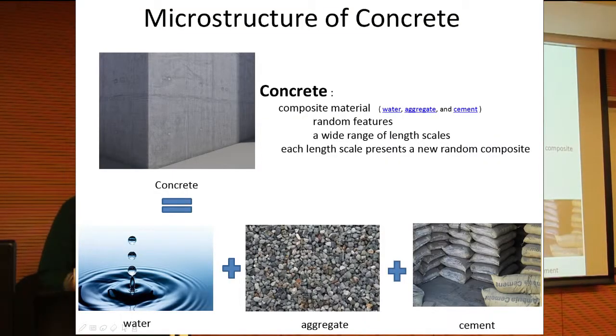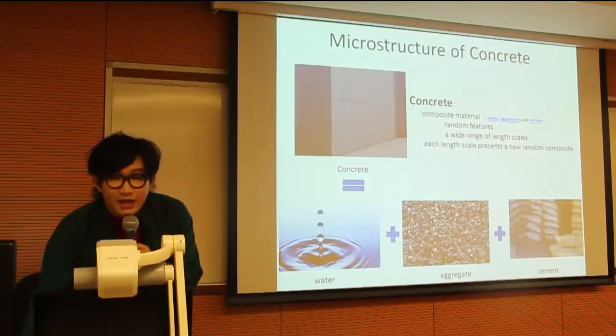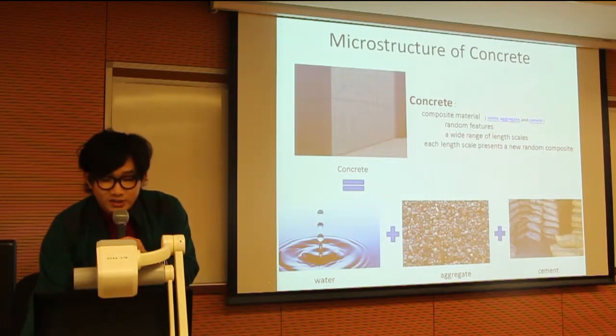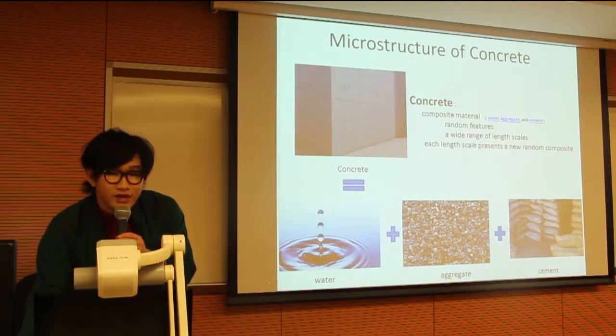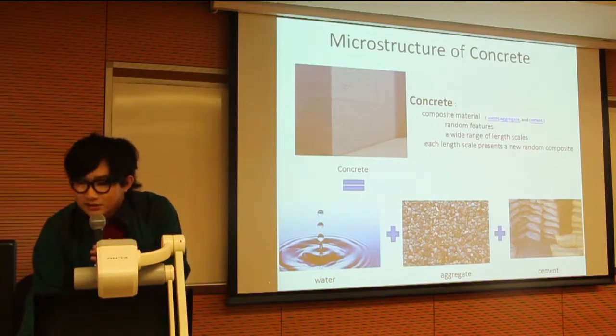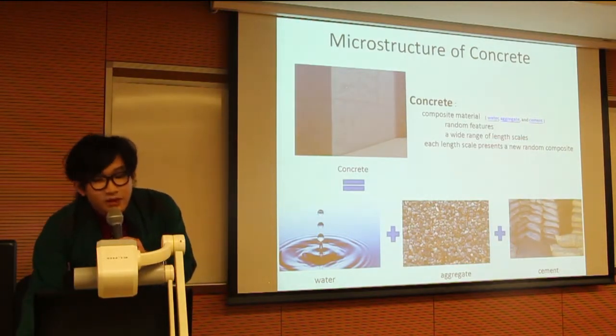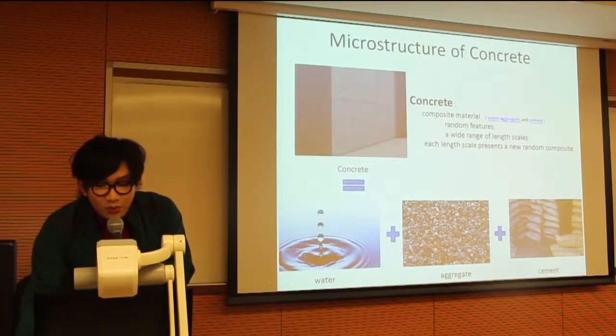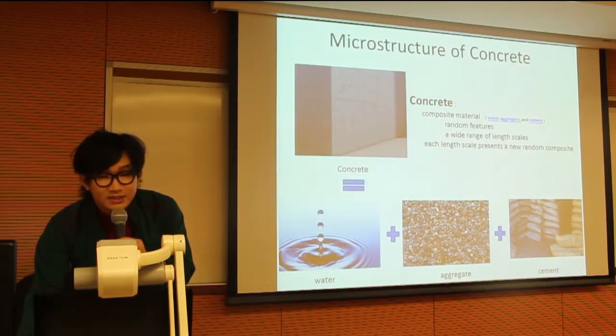Okay, now let's talk about the microstructure of concrete first. Concrete is a composite material whose microstructure contains random features over a wide range of length scales, from nanometers to millimeters, with each length scale presenting a new random composite.